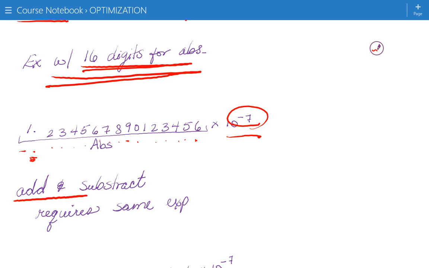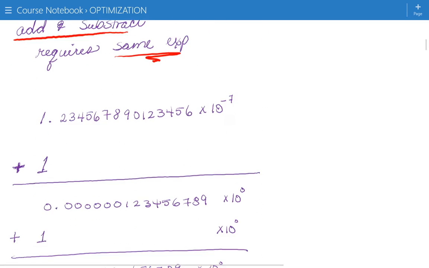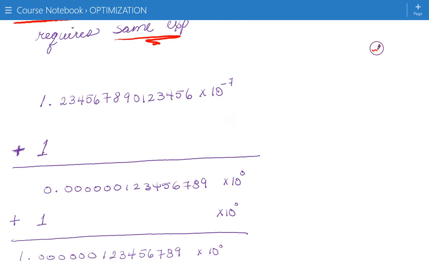When the computer adds or subtracts, it requires the same exponent. So here's a problem. Let's suppose we want to add these two numbers. What is the computer going to do? The computer is going to move them all to a times 10 to the 0. How does it do so? It does so by moving this decimal place this way.